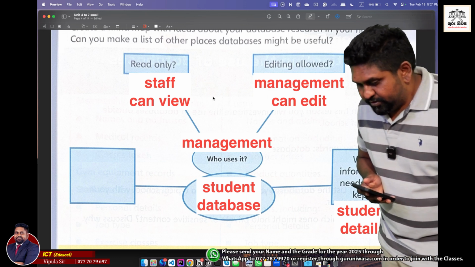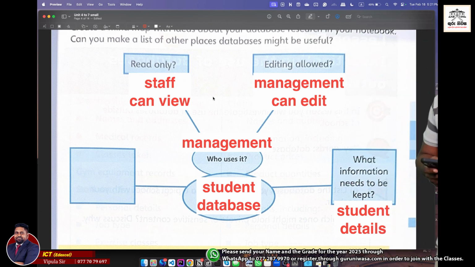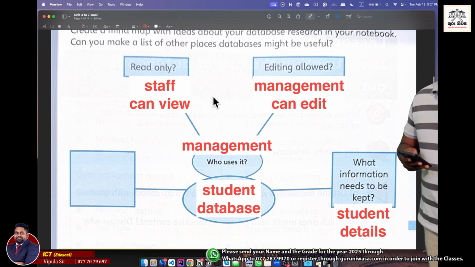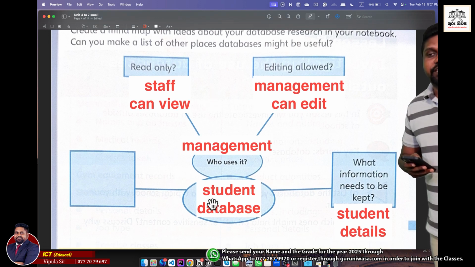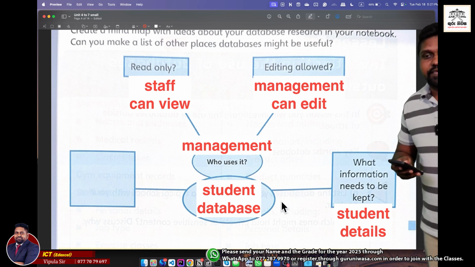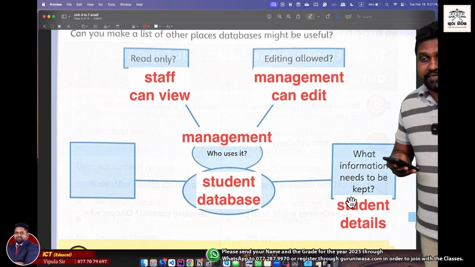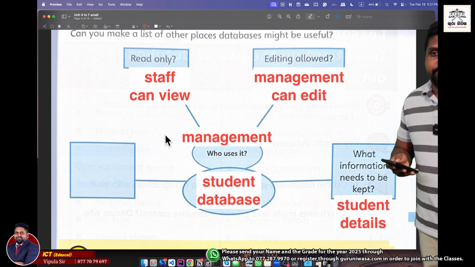Sir, what do we need to write in the left one? That can be something more. In this case we have the student database, you have student details, as well as other details. We can keep much more.